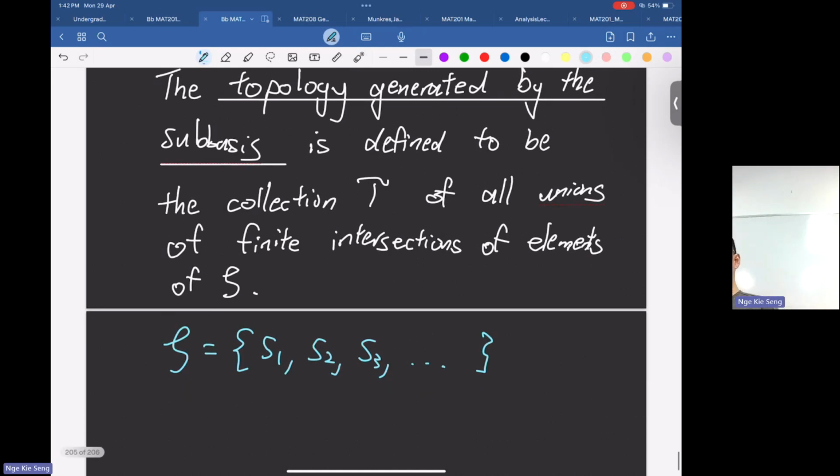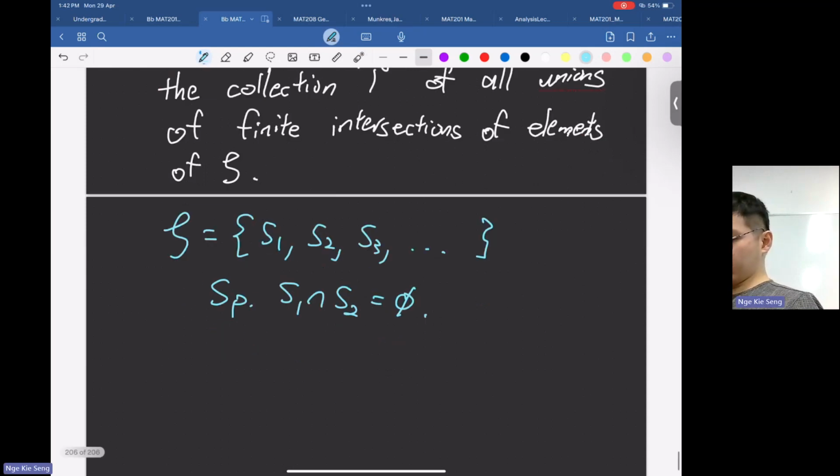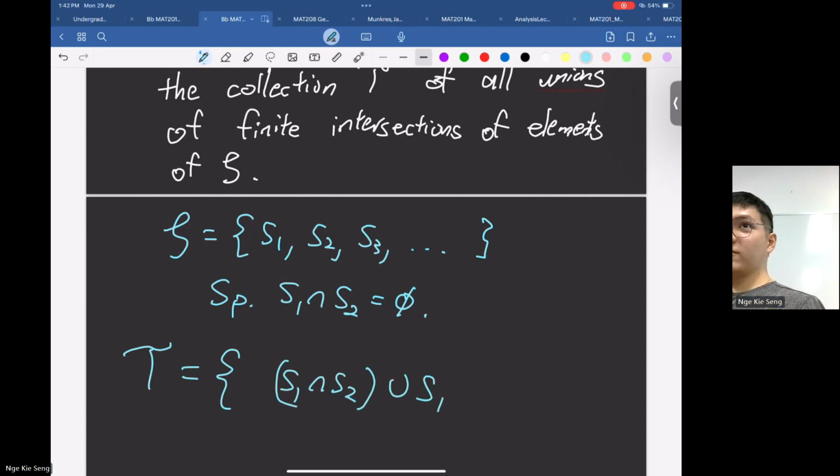Is the union of finite intersections the union of A, B, and the empty set, or just the empty set? You say suppose S1 intersect S2 is empty, right? Okay, and then in T here, what can you see? You can take X1 intersect X2, and then union X1.